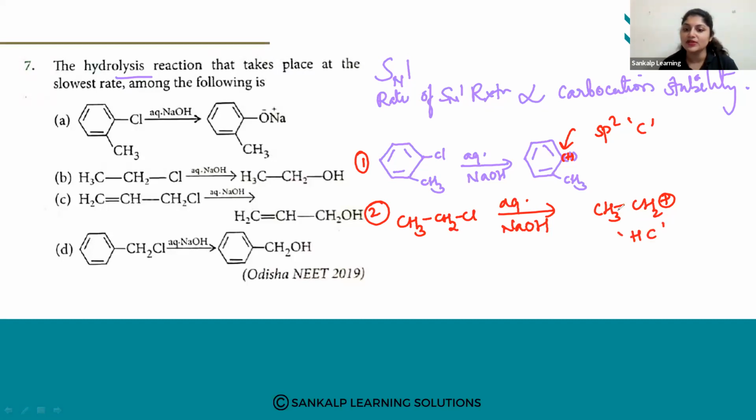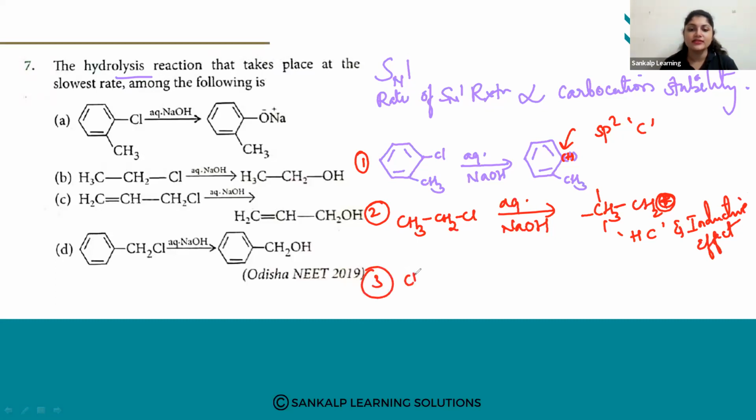What do you mean by hyperconjugation? No bond resonance. There are three hydrogen atoms involved, and they stabilize this positive charge. So hyperconjugation and the inductive effect play a role, so this is also more stable.